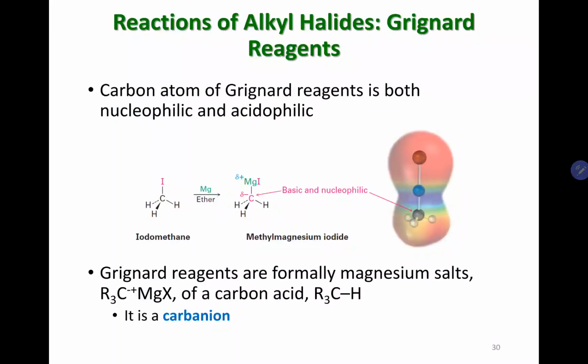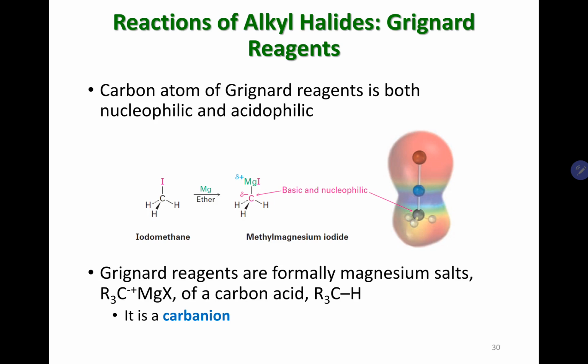Once again, in here magnesium is going to be positively charged and carbon is going to be negatively charged. The carbon that is directly attached to or associated with magnesium is going to be an excellent nucleophile and also an excellent base. It is very basic, so it is highly attracted to hydrogens or acids.